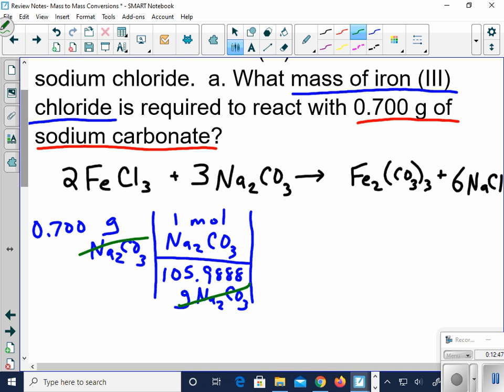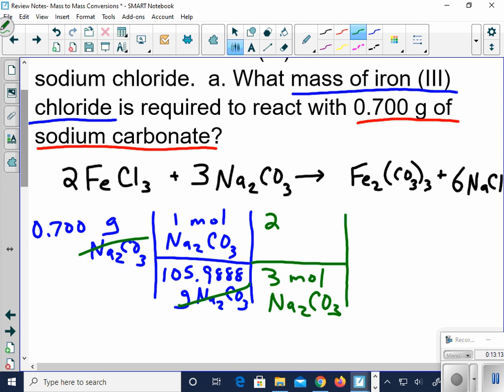I'm going to look at my molar ratio now. So I look, and what do I want on the bottom? Moles of sodium carbonate. So I have 3 moles of sodium carbonate. I'm going to iron 3 chloride.